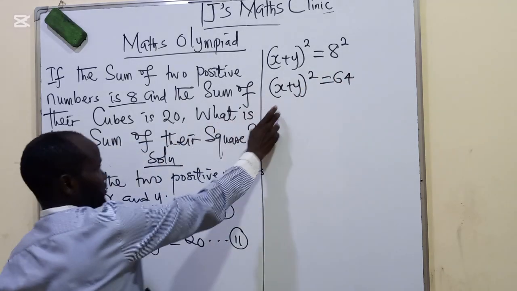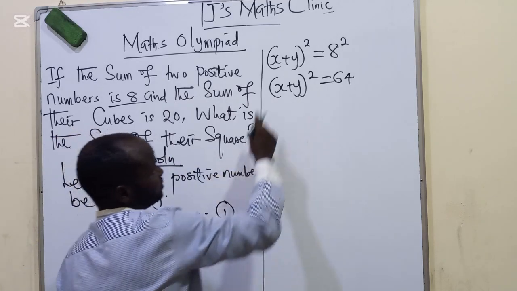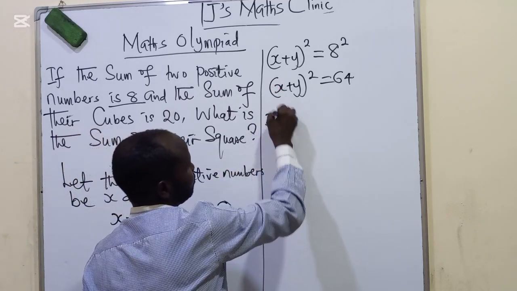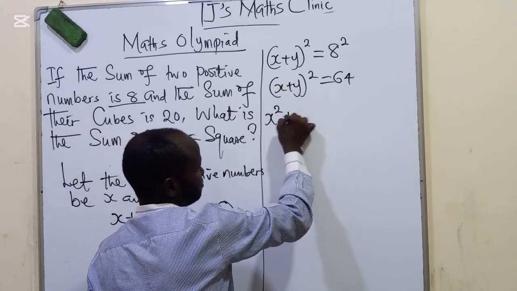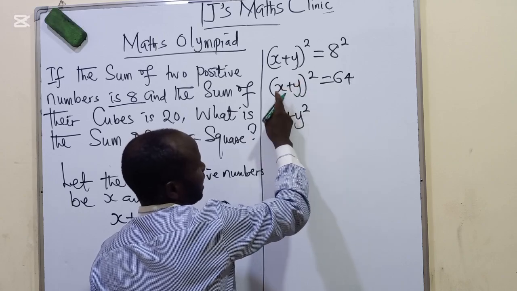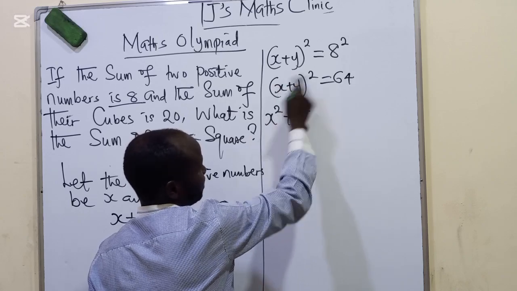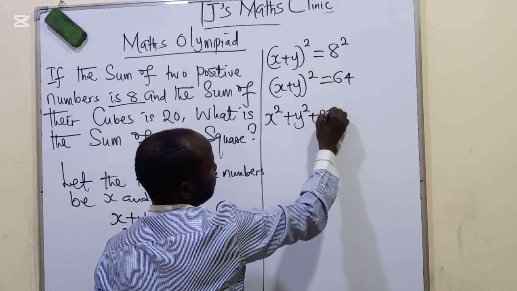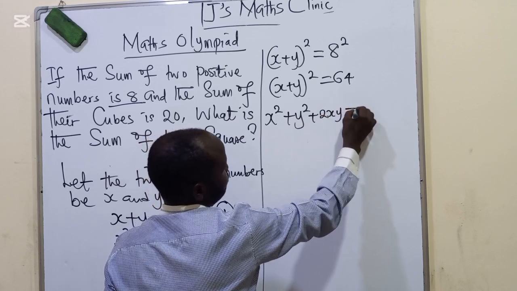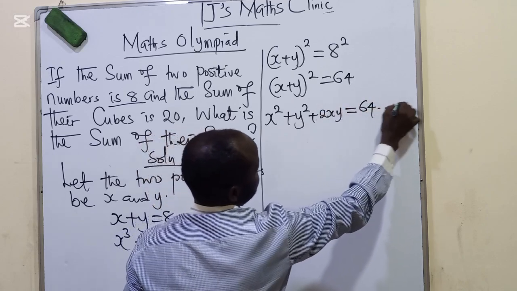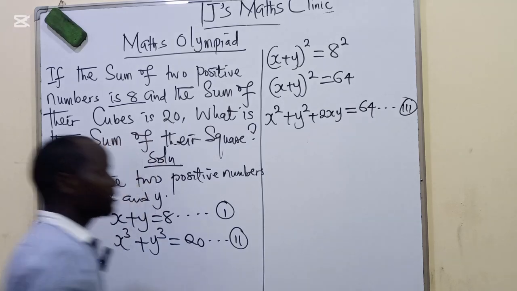Let's expand this: x squared plus y squared plus 2xy will be equal to 64. Let's call this equation 3.